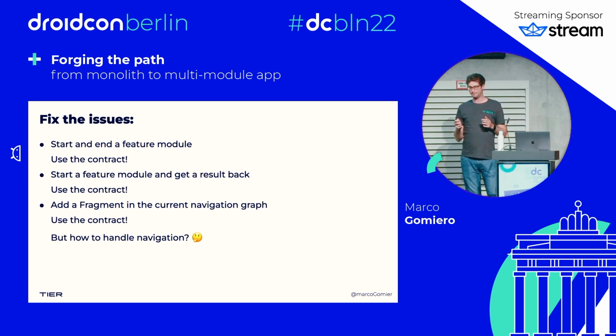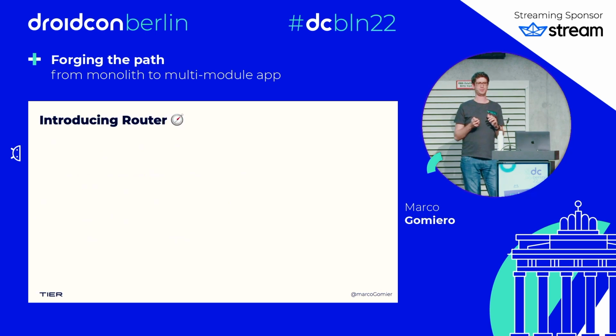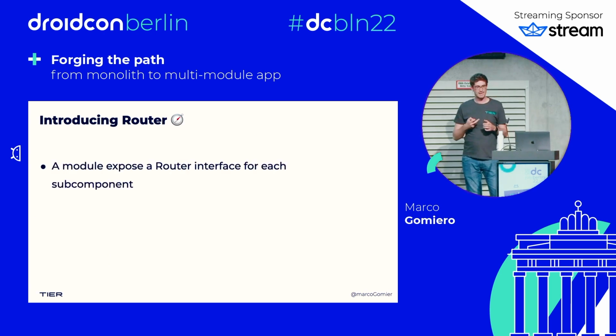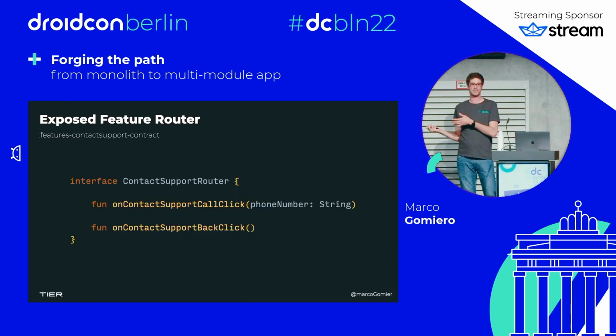And in order to fix that, we decided to introduce a new pattern. So nothing new, it was the router pattern. Basically, we decided that a module that wants to expose a subcomponent, so basically a fragment to be integrated in another flow, has also to expose a router, which is just a fancy word to indicate yet another interface.